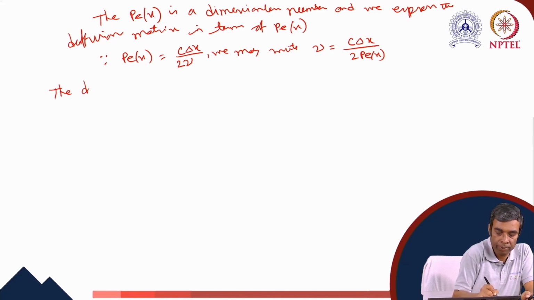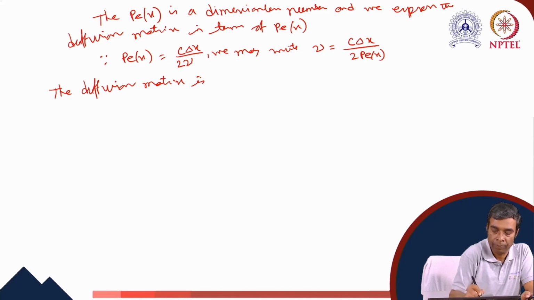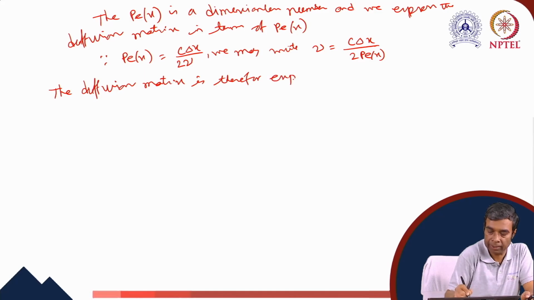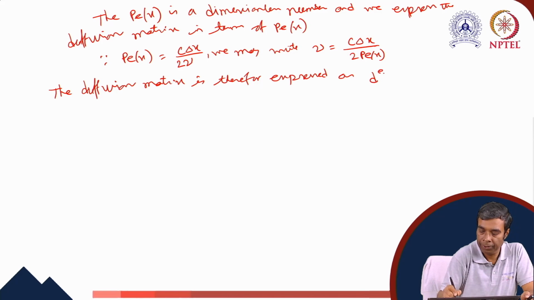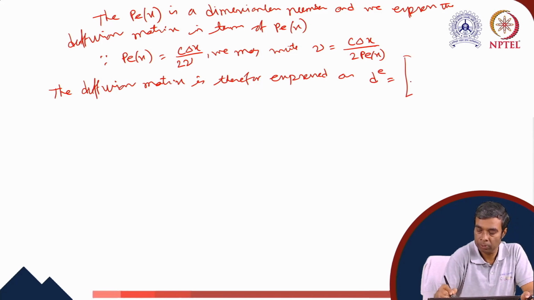The diffusion matrix is therefore expressed as dE equals nu by delta x, minus nu by delta x, minus nu by delta x, nu by delta x.